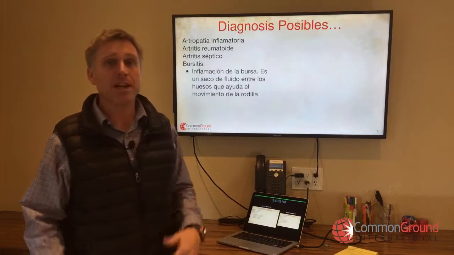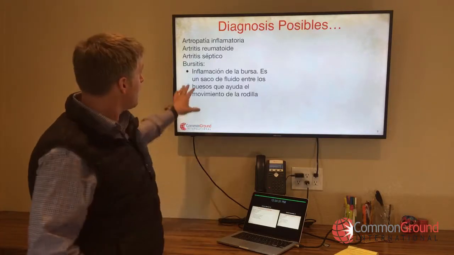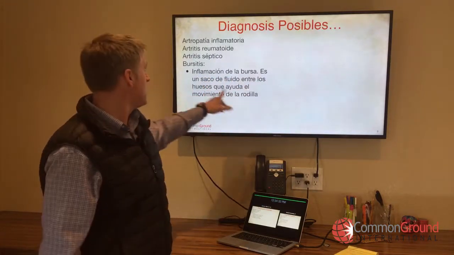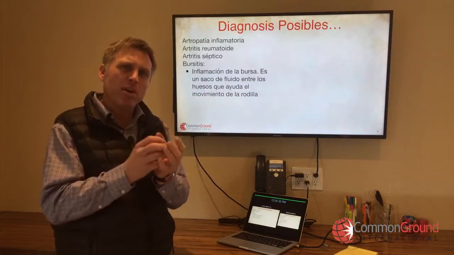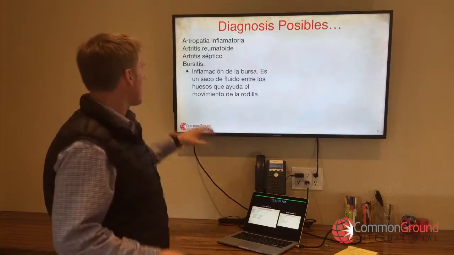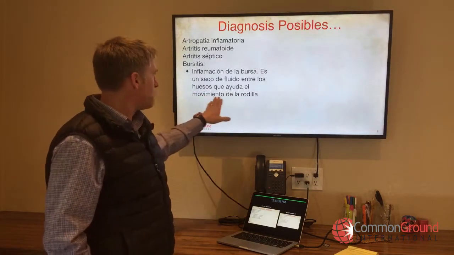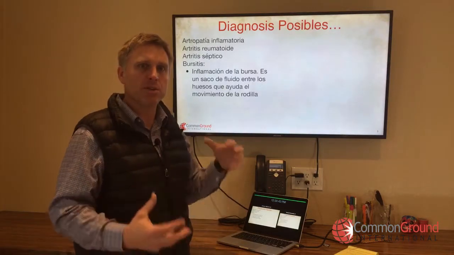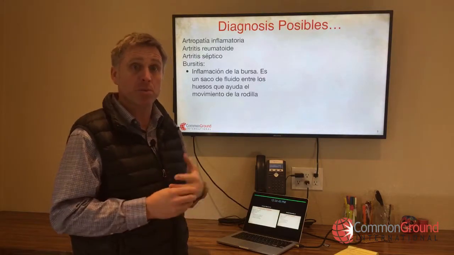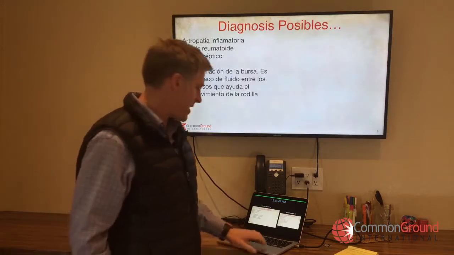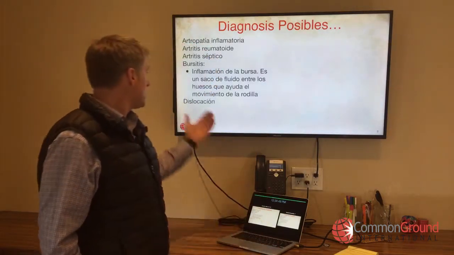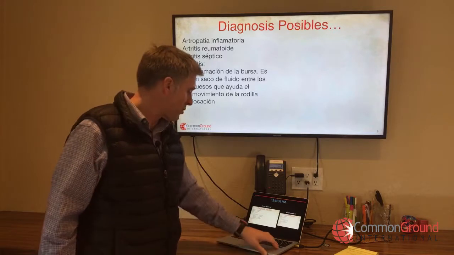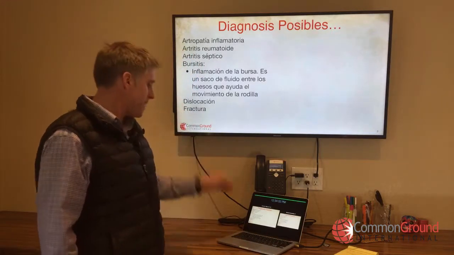Bursitis, a quick explanation of bursitis would be una inflamación de la bursa. Es un saco de fluido entre los huesos que ayuda el movimiento de la rodilla. Okay, it's a small sac of fluid between the bones or in between the bones that helps movement in the knee. Una dislocación. Otra posibilidad, fractura.